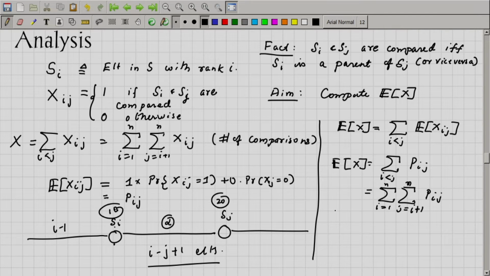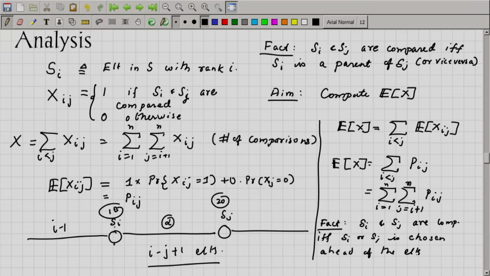Okay. So, I will write this as a fact: Si and Sj are compared if and only if Si or Sj is chosen ahead of the elements in between Si and Sj.